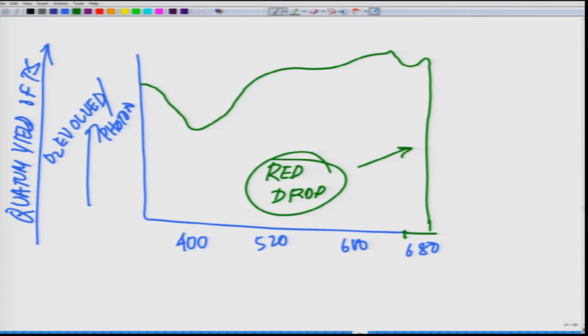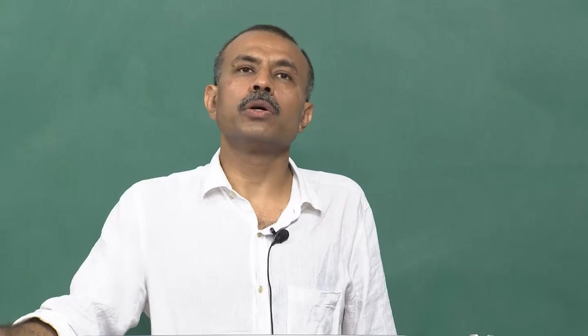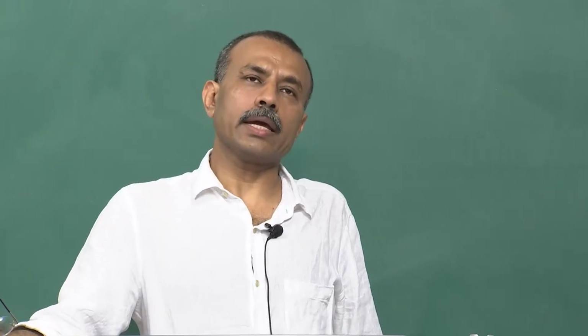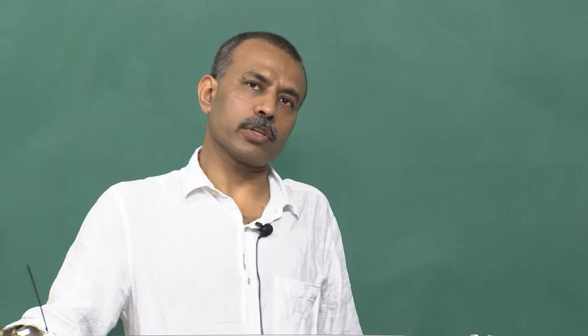Emerson, again I am repeating it, proposed that photosynthesis requires the interaction of two light reactions, both of which can be driven by light of wavelength less than 680 nanometer, but only one of them by light of longer wavelength. If you use only one, then there will be a drop. But if both of them are together, you will see a higher efficiency. So I will close in here. In the next class, we will move on to the actual light reactions for system 1 and for system 2. Thank you.